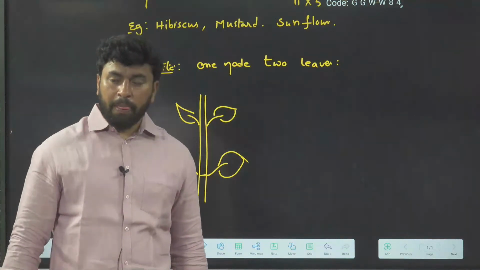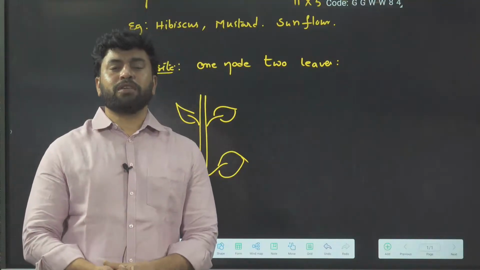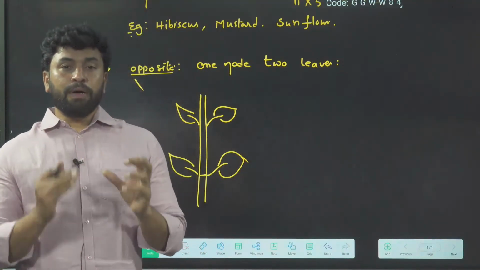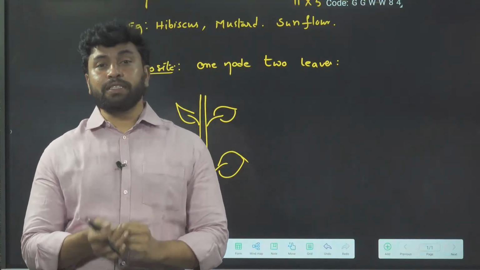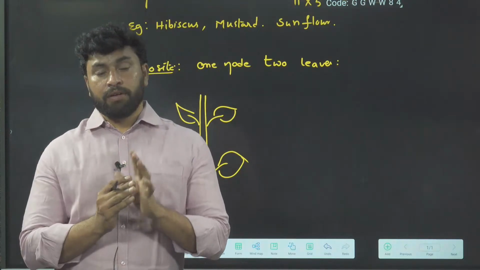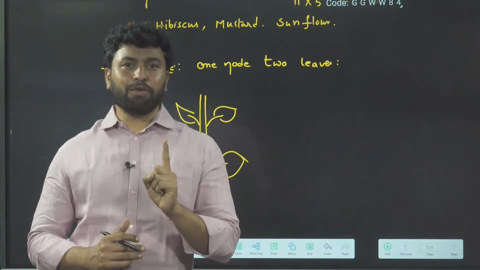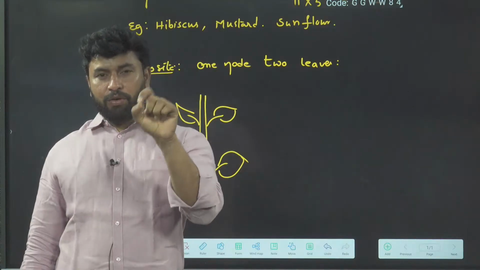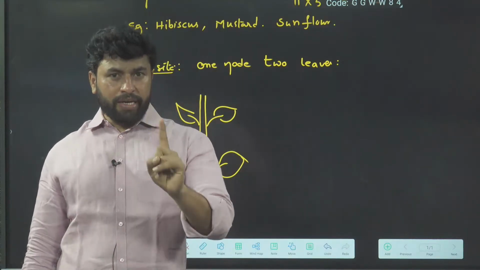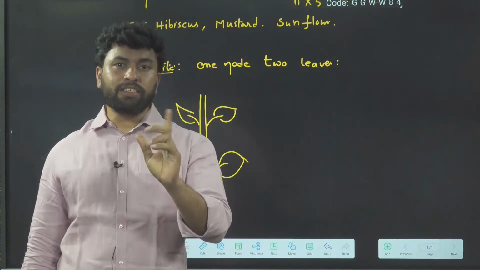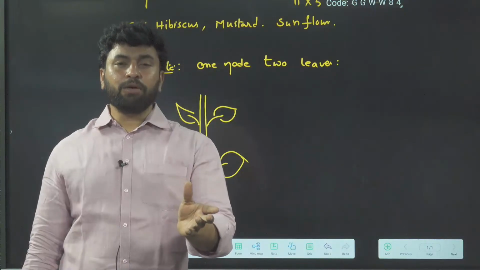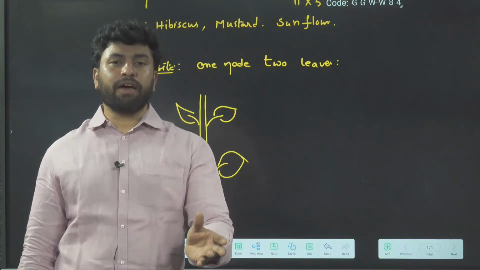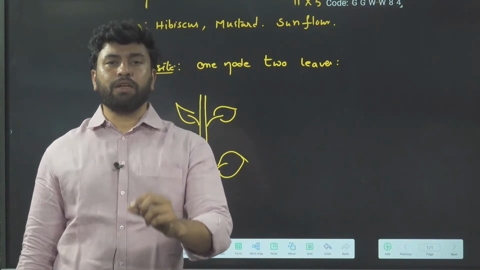Now tell me, if one node has two leaves, how many axillary buds will be present on one node? Definitely two. Be careful one more time. Whenever we talk about a node, if a node has one leaf, there is one axillary bud only. It's not that the stem may develop various numbers of axillary buds with respect to the number of leaves.